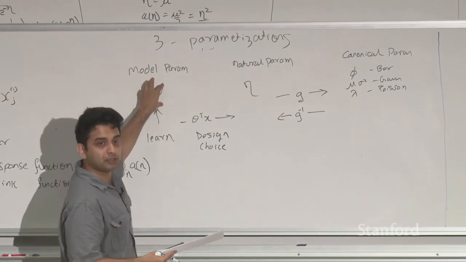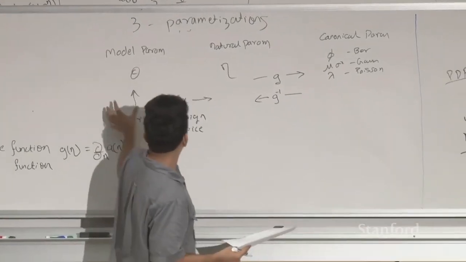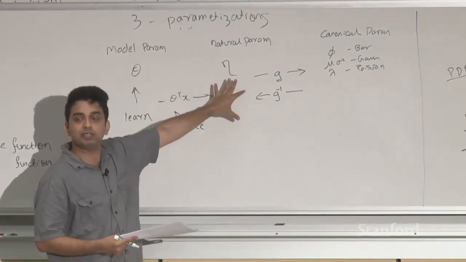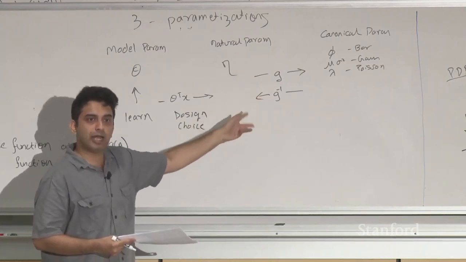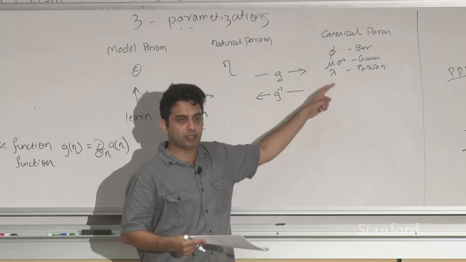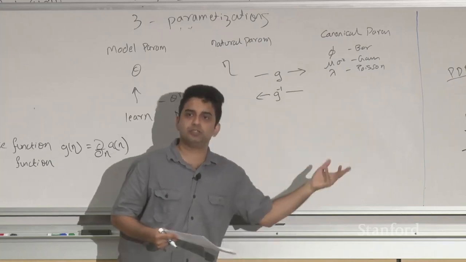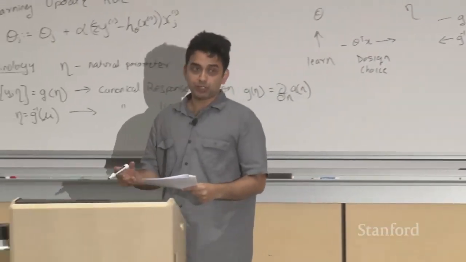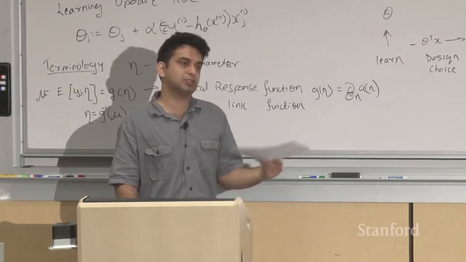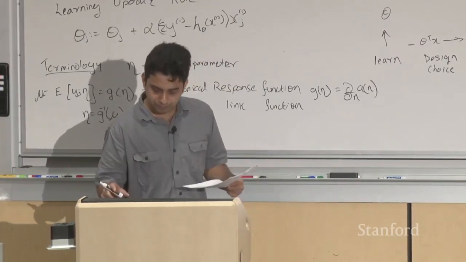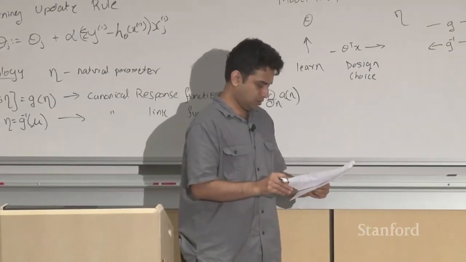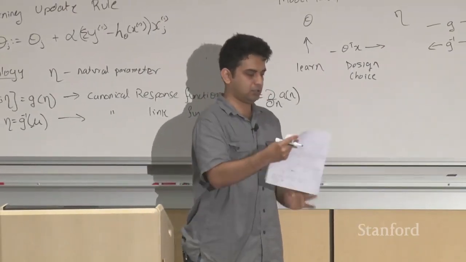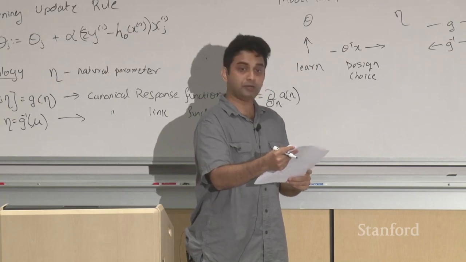The model parameters, the ones that we learn, and the output of this is the natural parameter for the exponential family, and you can do some algebraic manipulations and get the canonical parameters for the distribution that we are choosing, depending on the task, whether it's classification or regression. Any questions on this?